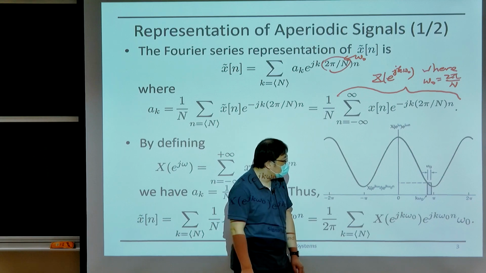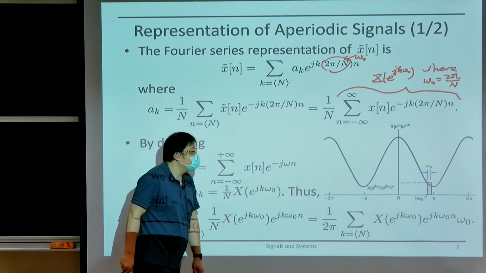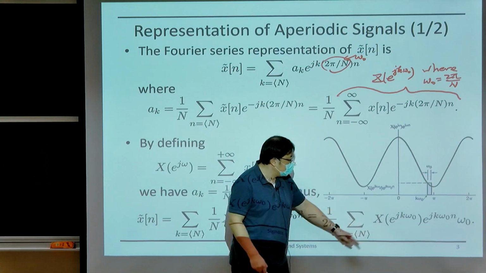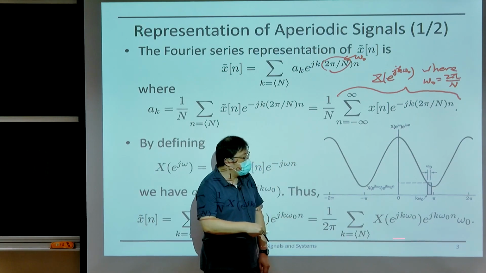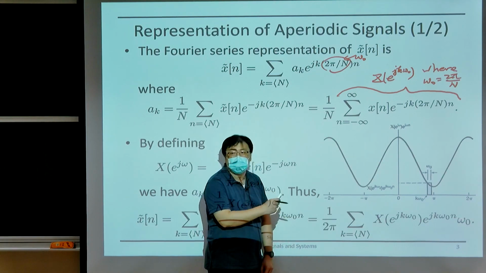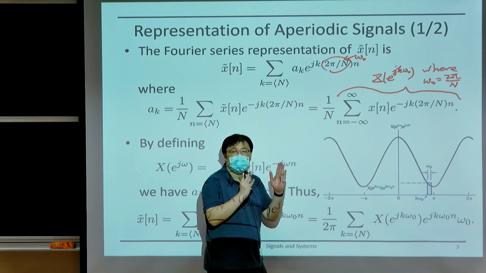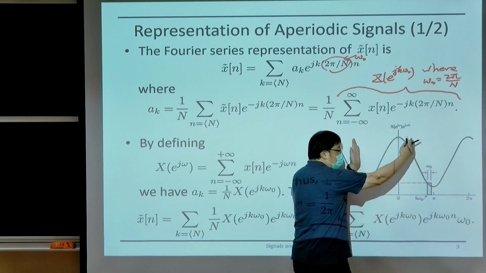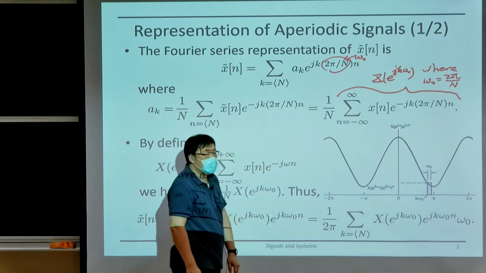Okay? And you can show, I'll probably have to show this tomorrow, you can show that this summation eventually converges as omega naught goes to 0, converges to a Riemann integral of this function over one period. Okay, over one period. Okay, so let's do that tomorrow.